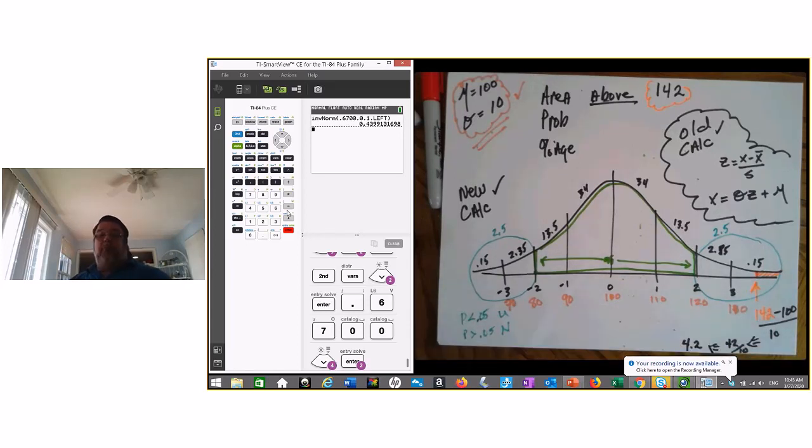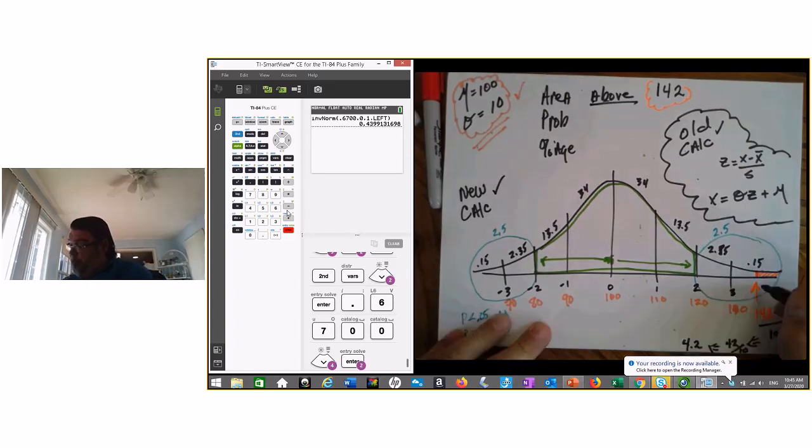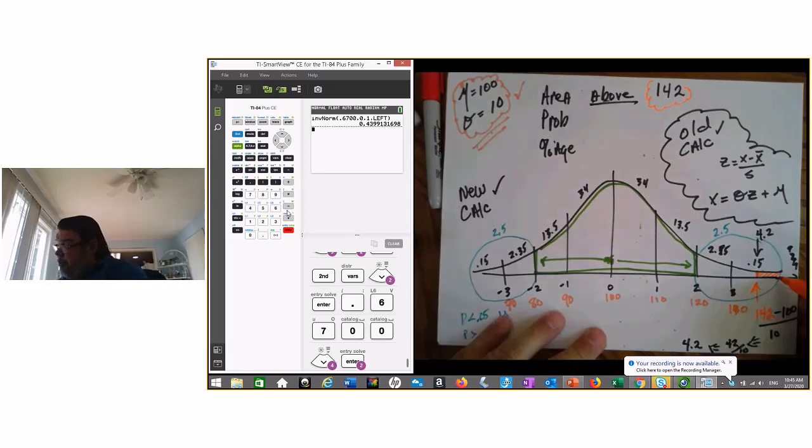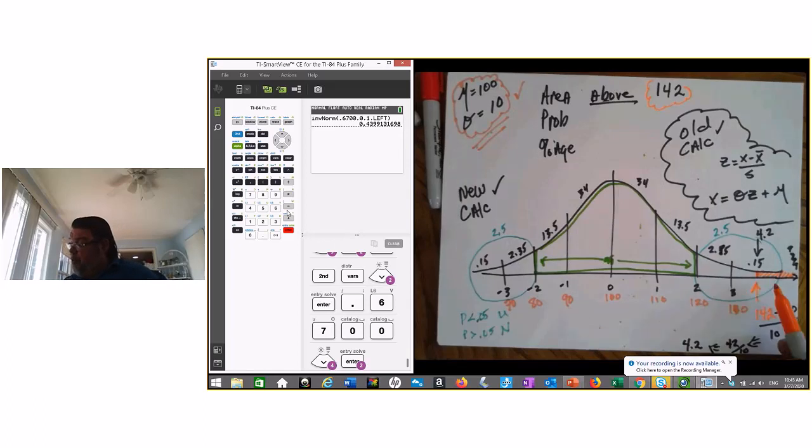So my Z-score right here is 4.2. And remember, this is 9999, left to right. If I want to find the area above 4.2, which is 142, I've got to go from 4.2 to 9999.